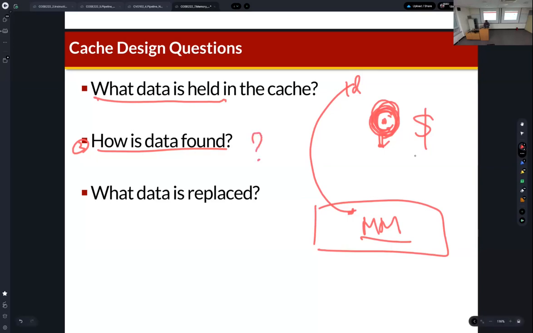Using the address. In the program we use variable names like A or B, but actually the name is translated into an address like 0 blah blah blah. So we can identify data using addresses.